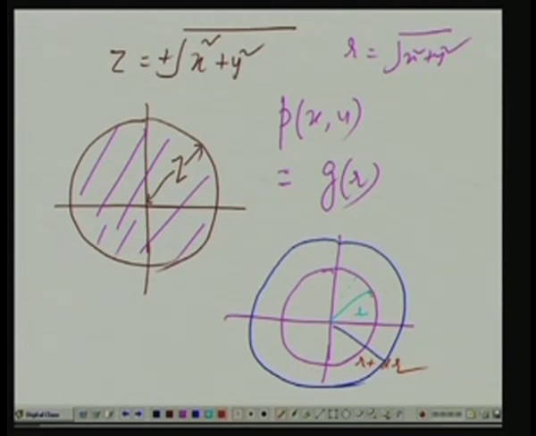Now, what is the probability of z falling, that is the probability of the x comma y pair falling in this zone? That means, small z taking values between r and r plus dr. What is the probability? So, we consider this point, at this point the probability density is G r, but that is true all over the circle. So, we try to find an elementary area here.